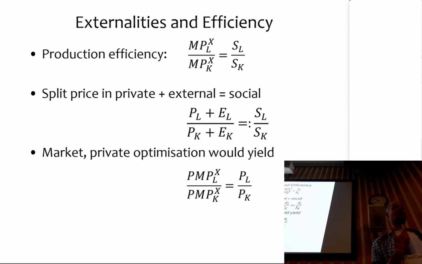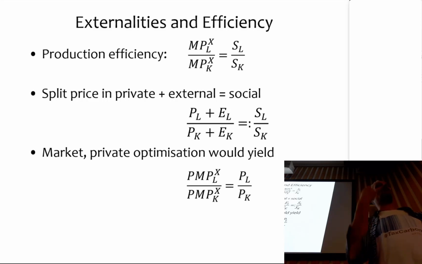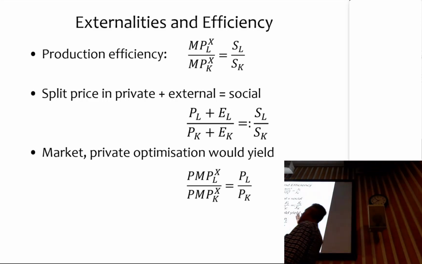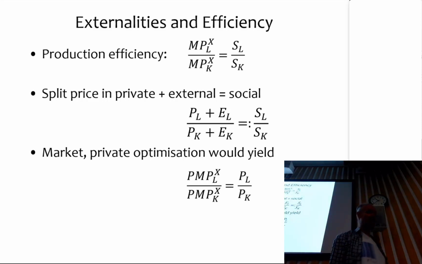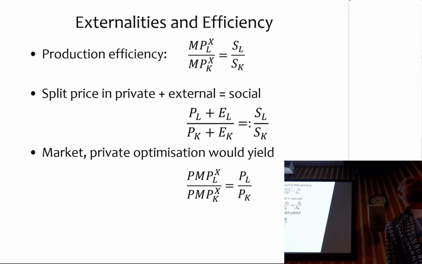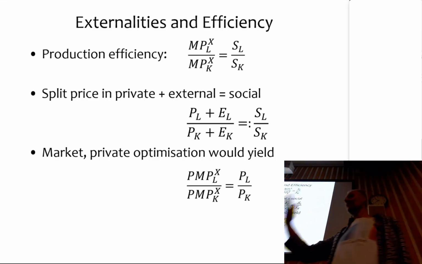But if the producer only sees the market but does not see the social consequences of their use of labor and the use of capital, then the unregulated market would do this. Not the top one, but this. And if P_L over P_K is not the same as S_L over S_K, the market would misallocate labor and capital, right?